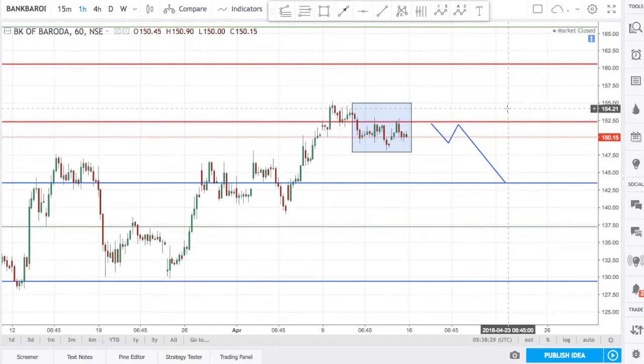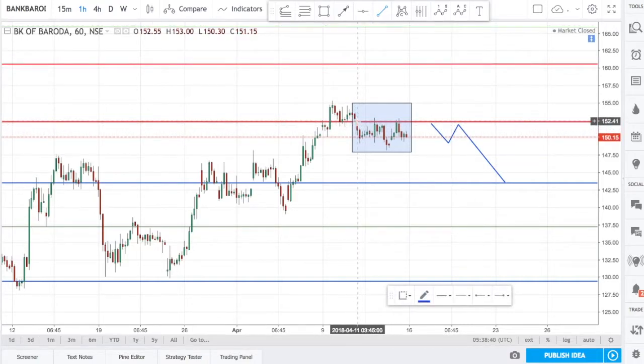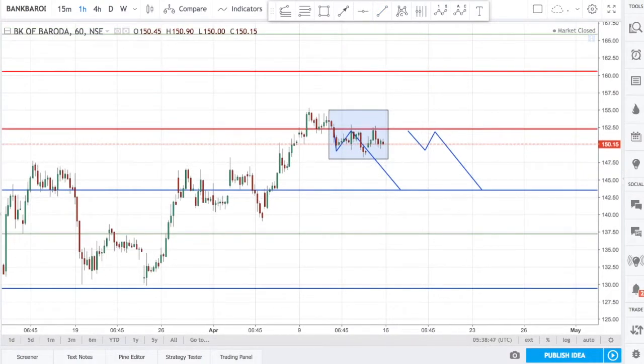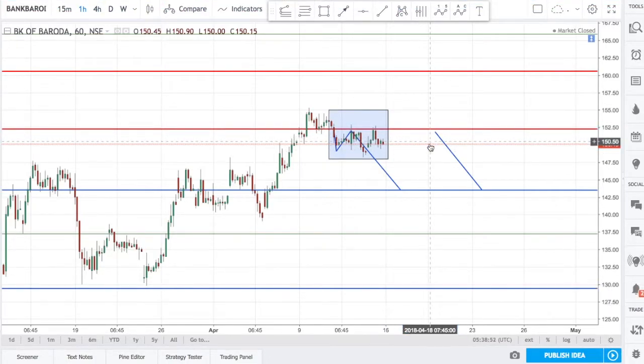So in this case, we are expecting this out of Bank of Baroda. Okay, to have conviction in our trade, let's see if we can have any solid references.